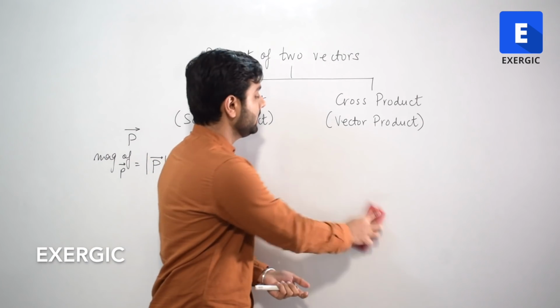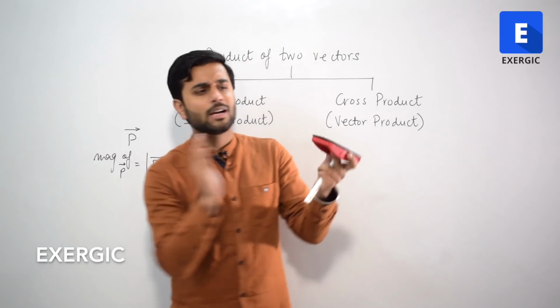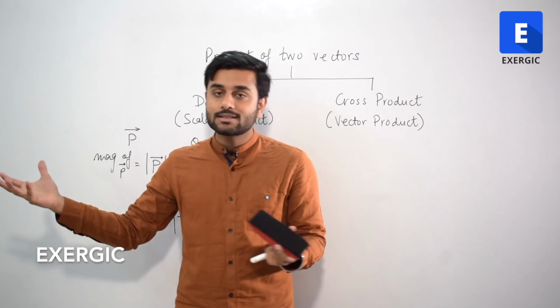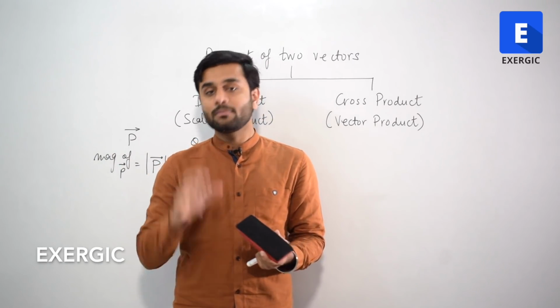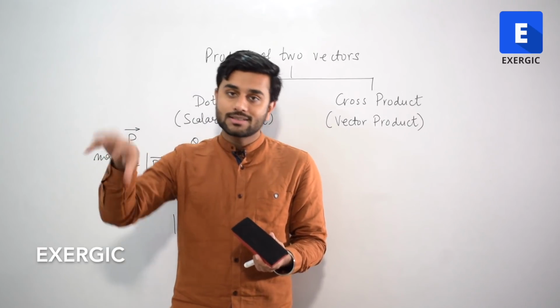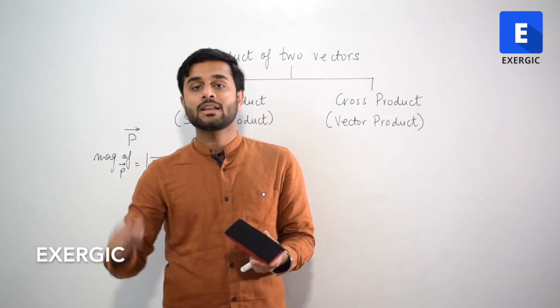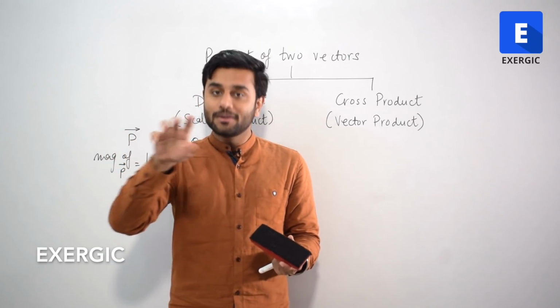In a similar way, there are many other such parameters other than work also, because only a limited part of vectors we are studying, right? There are other such parameters also which are not in our syllabus, which are not in engineering, but those are such products where you need the component of one vector in the direction of the other, and that gives you some quantity. So that is an example of a product of vectors.